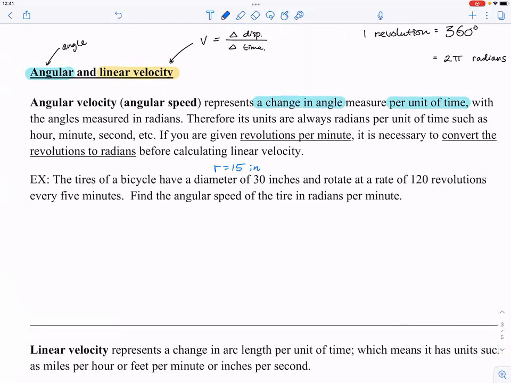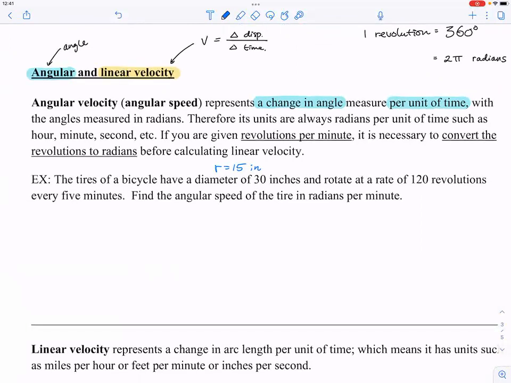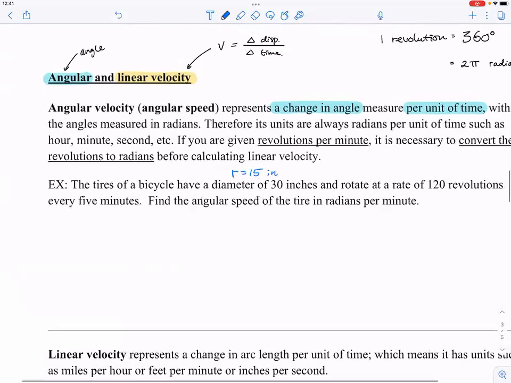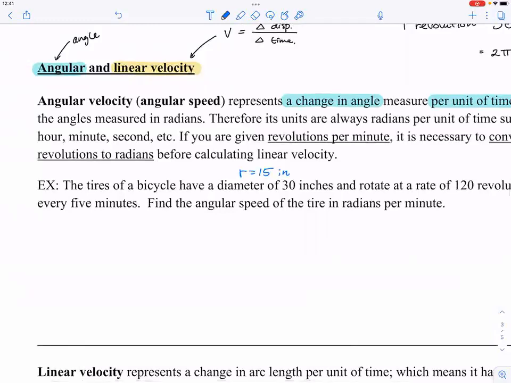Rotates at a rate of 120 revolutions every 5 minutes. Oh, by the way, let me also show you the symbol for angular velocity. It's called omega. Okay, it's a little w, but we call it omega. So how many of you took physics last year?